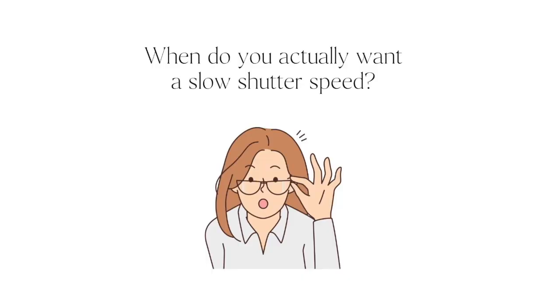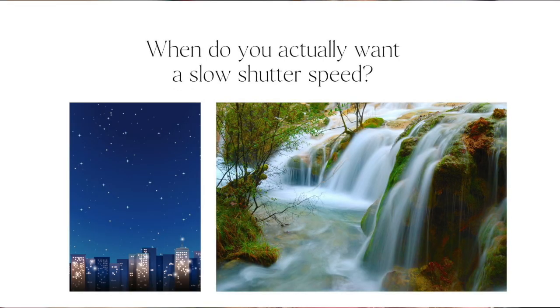Okay, but obviously there's a reason that sometimes we want a slower shutter speed, right? When do you actually want a slow shutter speed? Here are your examples. If you're doing that waterfall where you need a slow picture so you can capture it moving and track that particle of water from the top to the bottom. Another example would be star photography.